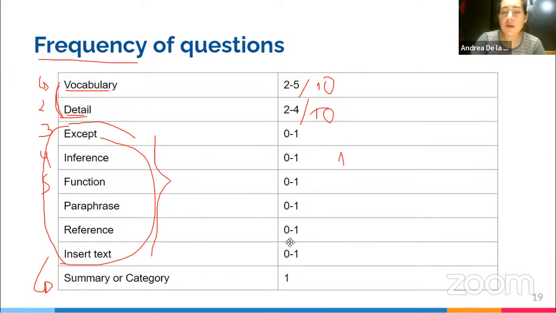Summary or category questions are worth 2 or 3 raw points. So they are a little bit heavier, they weigh more than the other ones. That's just an overview of all of the types of questions in terms of their frequency and how important they are. Is this clear so far? Do you have any questions about that?